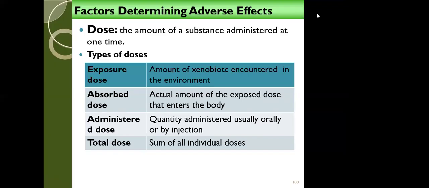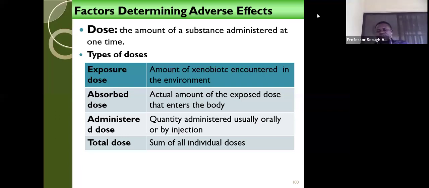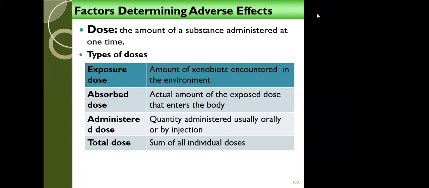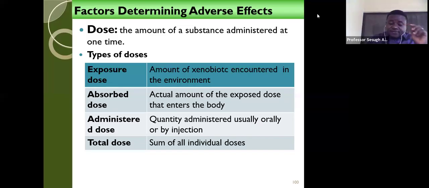Then you can calculate the amount that has been absorbed in the body using the particular media used to determine the amount that is exposed, the amount that went into the body, and then the total that was administered. So you can do this computation and know the total dose that went into the body. Thank you very much. Well done.